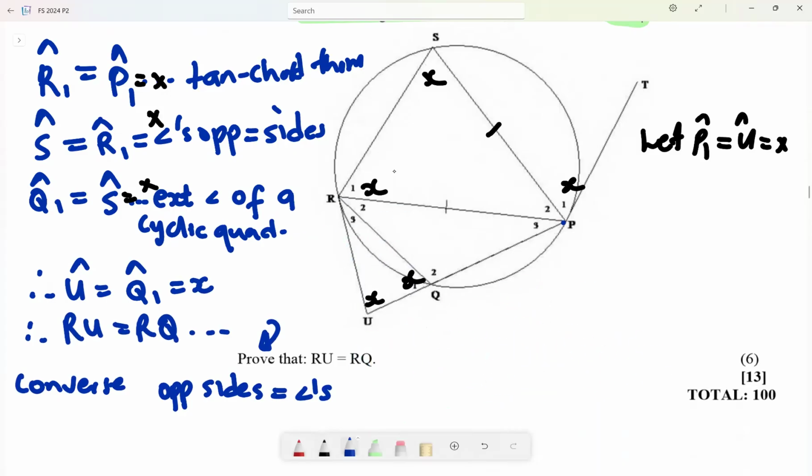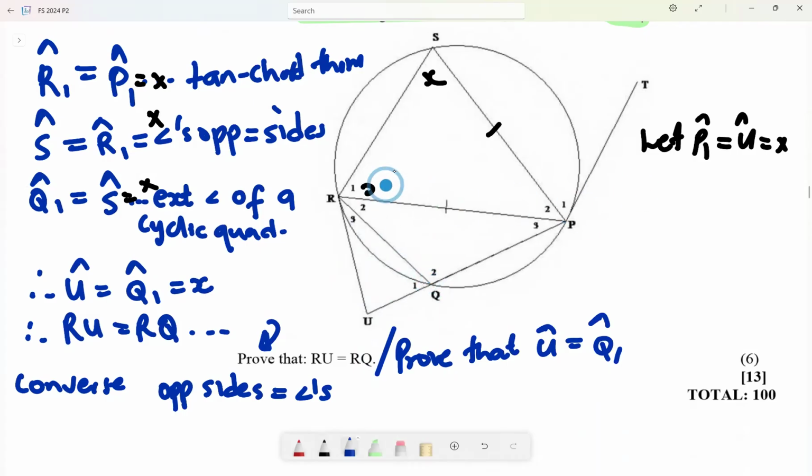So what you had to realize is that if you want to prove this one is equal to this one, do yourself a favor and prove that U is equal to Q. If you have proven that these angles are equal, then these two sides are equal. This is what the examiner is trying to do. The examiner is trying to say to you, also prove that angle U is equal to angle Q1, like that.